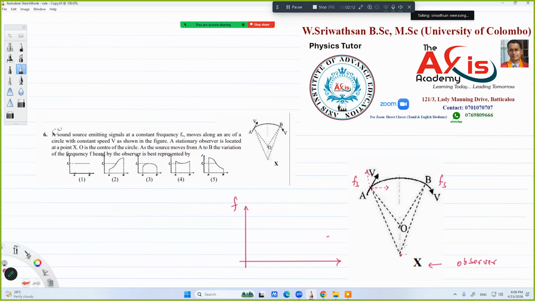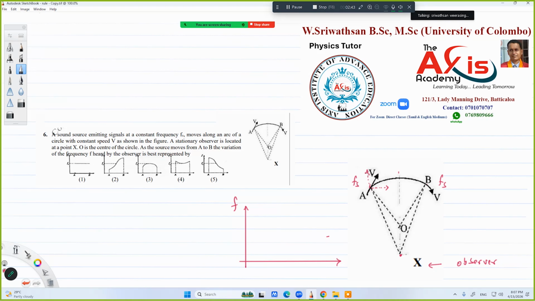The observer is at X, on this axis. This horizontal velocity is perpendicular to the line toward the observer, so it won't affect the apparent frequency. The only velocity we have to consider is the other component.